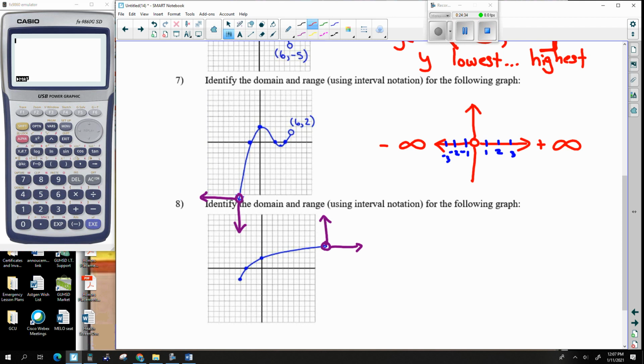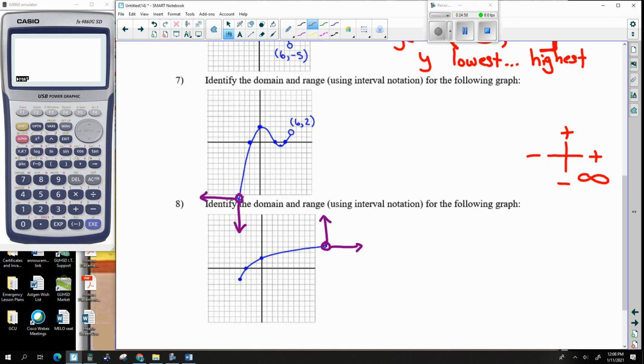Again, if you go up, you're going towards positive infinity, and if you're going down, you're going towards negative infinity. That's how to understand arrows. And this is the world of infinities.